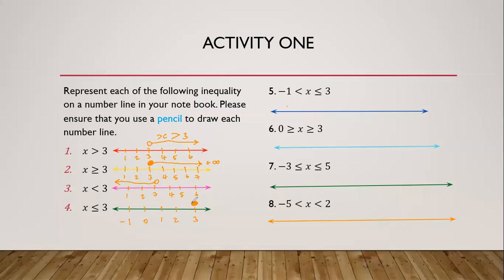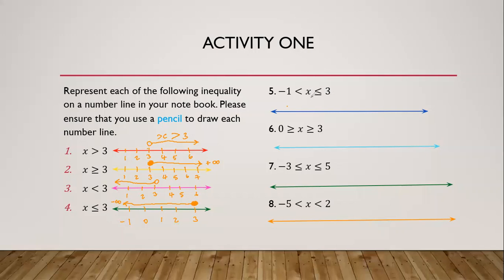And we need to show the direction. So this would continue to negative infinity. So this is how you would represent x less than or equal to 3 on a number line. Note that here 2 is less than 3, 1 is less than 3, 0, -1, and so on.